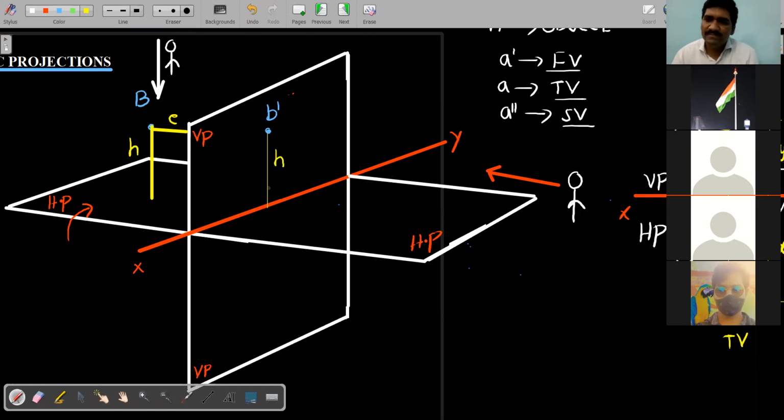But what about the top view? You can see in the top view this one is visible. We have to project the distance onto which plane?